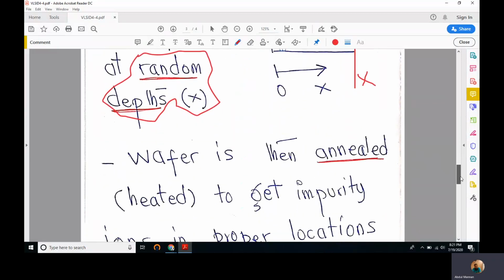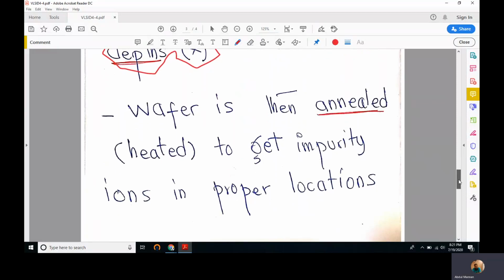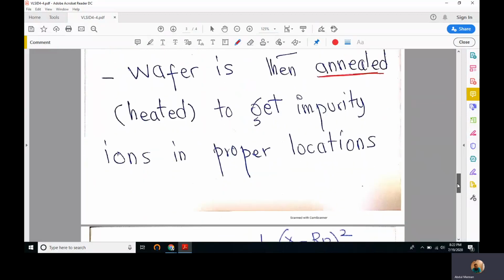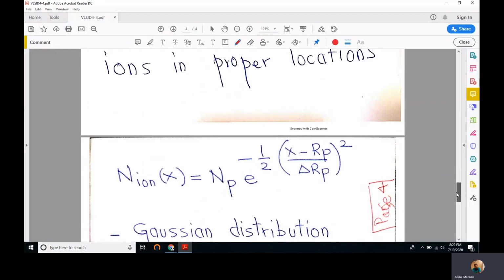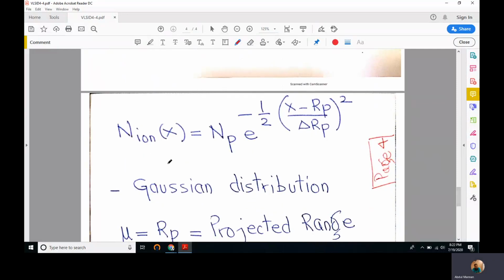So the wafer then is annealed, or heated, to get impurity ions in their proper locations. After they are bombarded, they are then annealed. After these two steps, the distribution of impurity ions in the wafer can be represented with a Gaussian distribution.